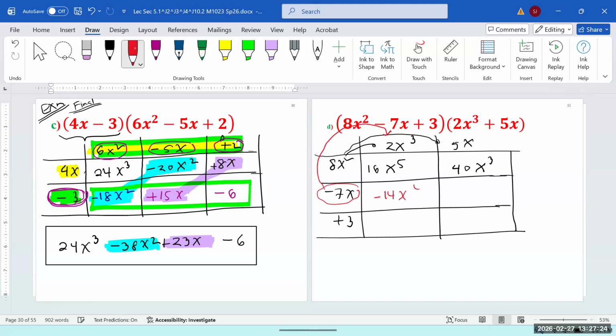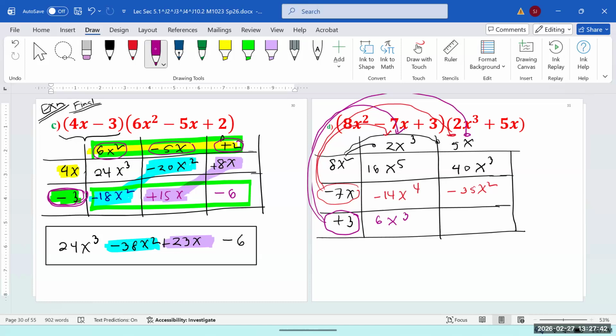Negative 14x to the fourth, negative 35x squared. 6x to the third, and then positive 15x. Perfect. Now it's time to combine.